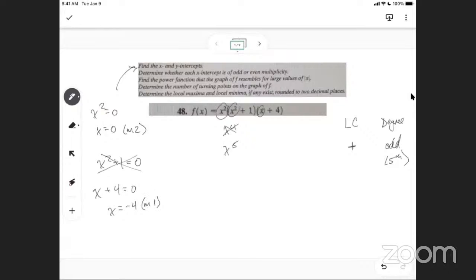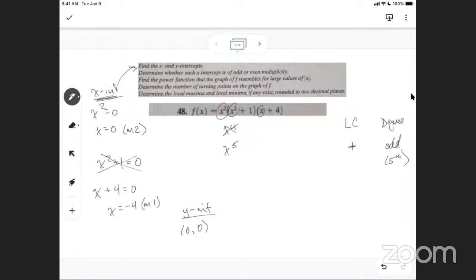Okay, the y-intercept, there's only one, if any. All you have to do is plug in 0 for x, and you're going to get 0. So (0, 0) is my y-intercept. Okay, so there are my x and y intercepts.